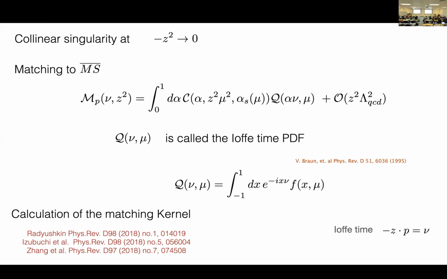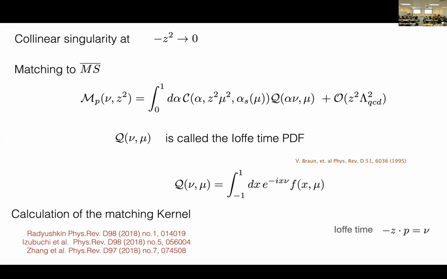This can be factorized all into a perturbative coefficient, which you can calculate analytically, and the MS bar renormalized PDF, its Fourier transformation. So this Q is the Fourier transformation of the PDF that you are trying to get. And to this factorization formula, you have corrections that are order z squared times lambda QCD, which is the fundamental scale of strong interactions.